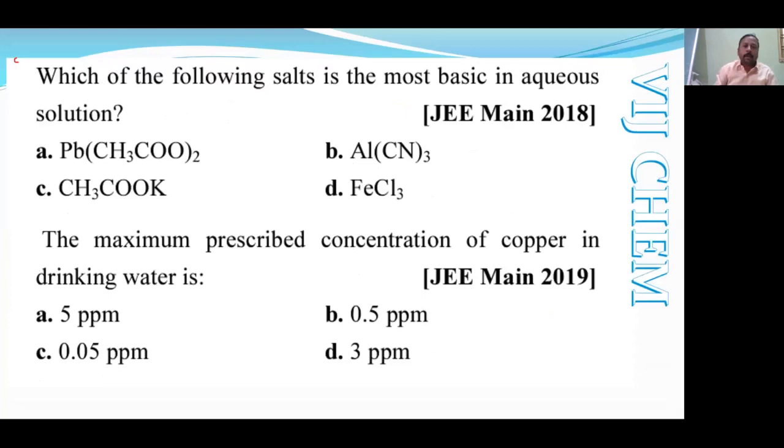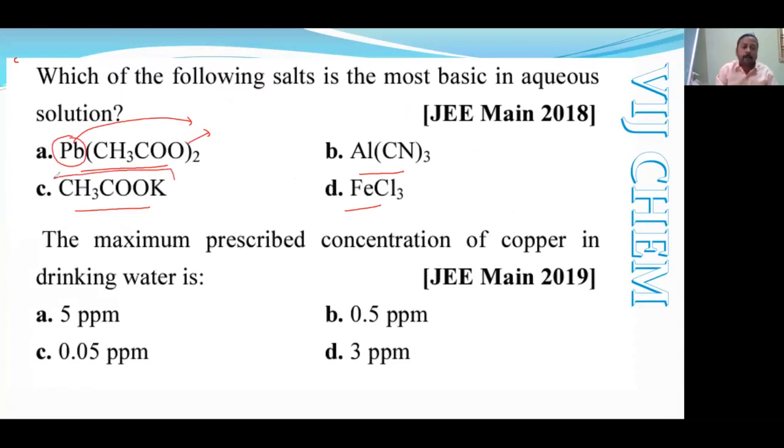Next question: which one of the following salts is the most basic in aqueous solution? Here all are salts, but they want the basic one. For basic nature, acid should be weak and base should be strong. Let us take this one. It is made from a weak acid, and the base is also relatively weak.